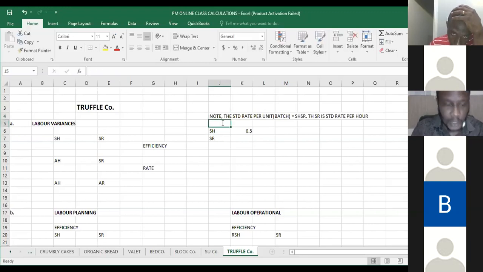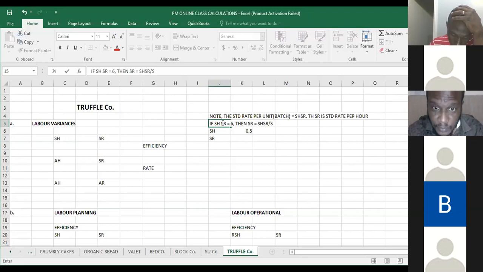If standard hour standard rate is equal to 6, then our standard rate will be equal to the standard hour standard rate divided by the standard hour, which will be equal to 6 divided by 0.5.